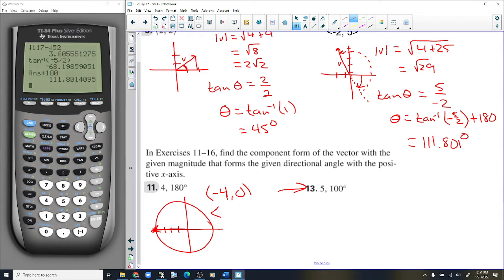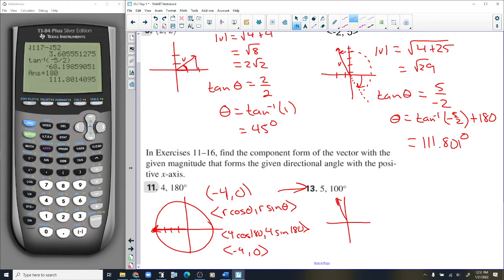Well, the component form is radius times cosine of theta and radius times sine of theta. And in this case, it's 4 cosine of 180, 4 sine of 180. And the cosine is negative 1, and the sine is 0. Well, now we're going to do the same thing with 5 at 100. We don't have to draw it, but that would be a representation right there.